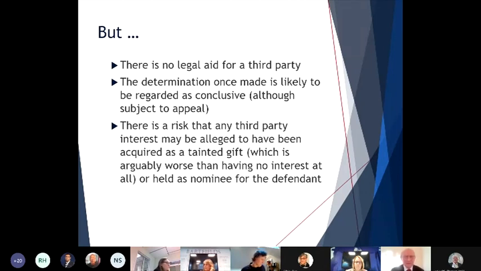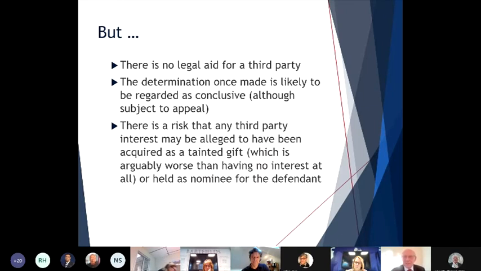I'm thinking, for example, of the case of Hayes, where the wife was claiming a 50% interest in the equity in the property, and it kind of rebounded in that the court was looking then at whether that was a tainted gift that she'd received.